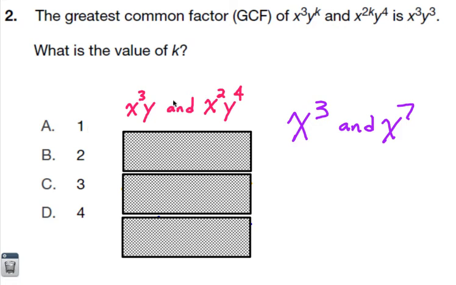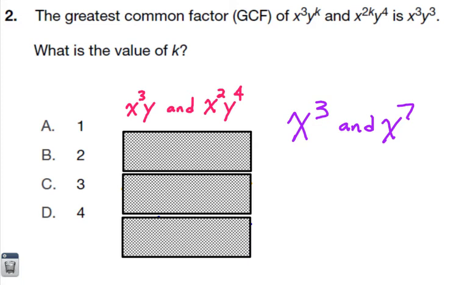Now, is the GCF of these two monomials equal to x to the third, y to the third? What's the GCF of x to the third and x to the second? Guess what? It's not x to the third, it's x to the second.